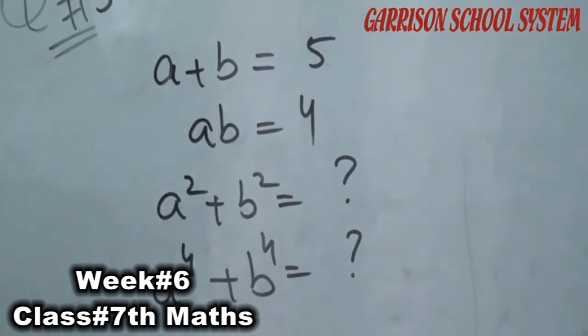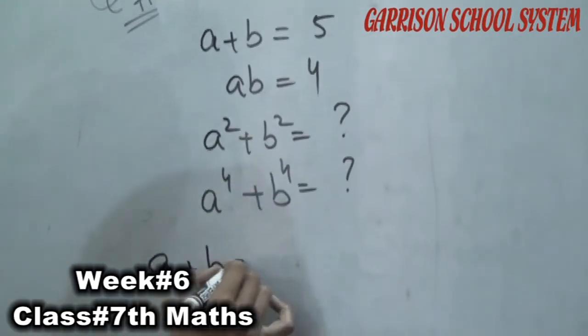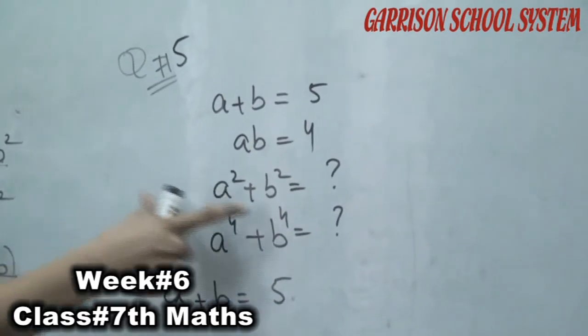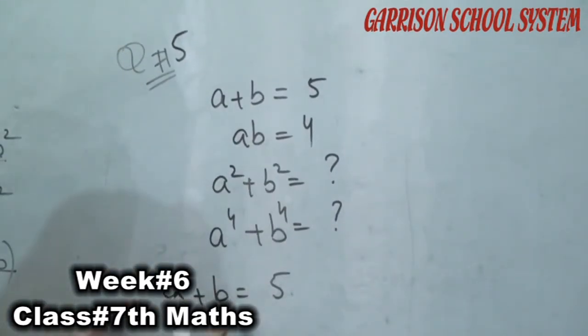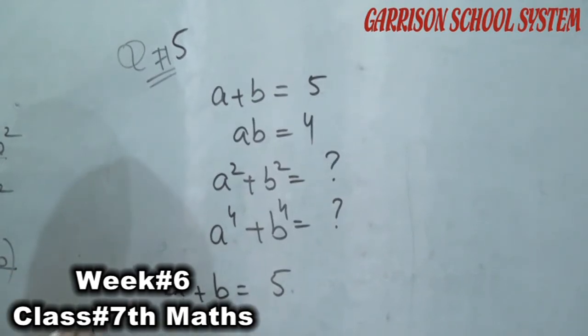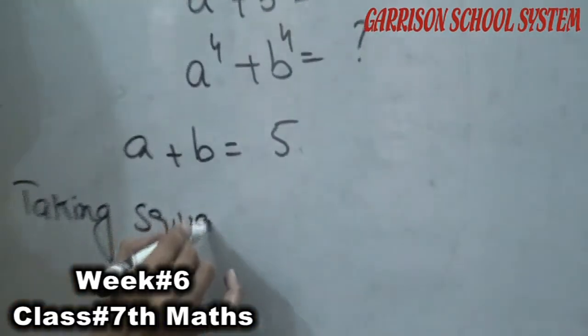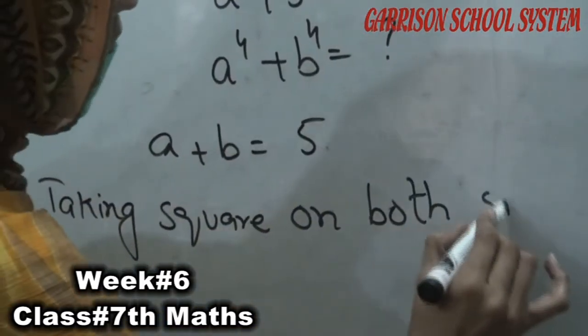Just like the previous question, first of all we take A plus B is equal to 5. Because we have to find A square plus B square, we have to take the square on both sides. So I will write taking square on both sides.